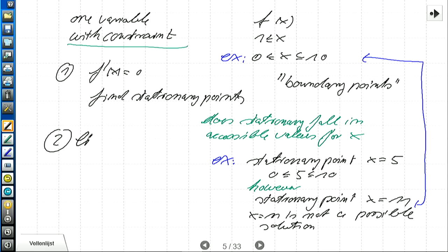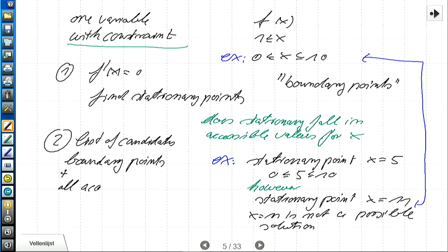We get a list of candidates, which are now what we have to check: the boundary points plus all accessible, admissible, allowed stationary points. It's quite heavy if you write it all down, but the logic is quite simple.